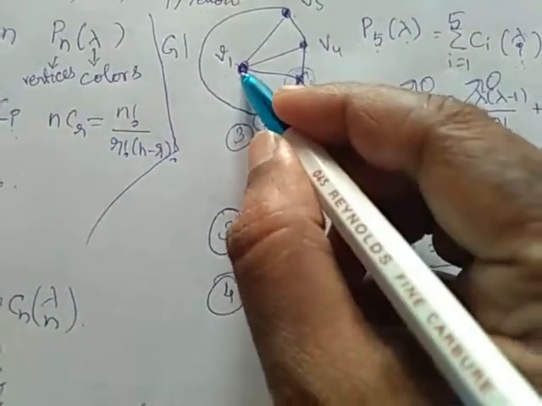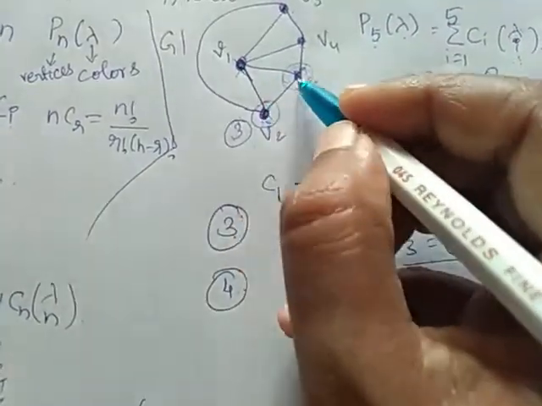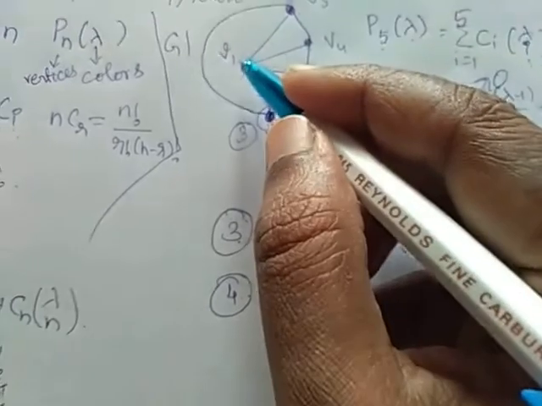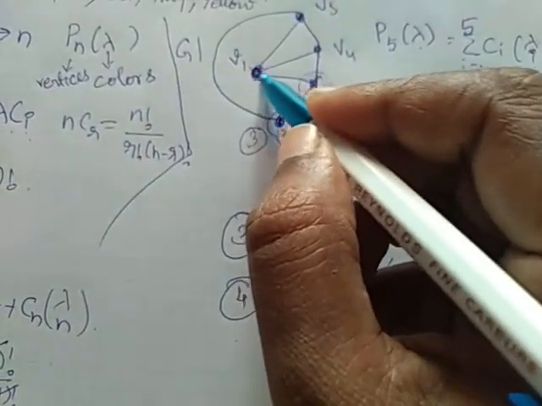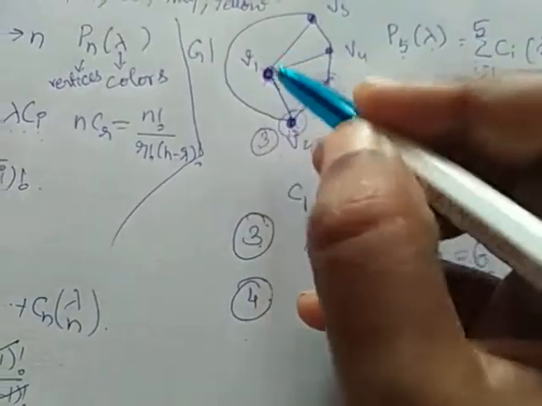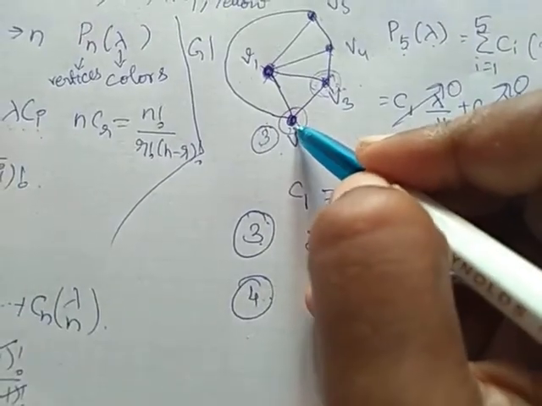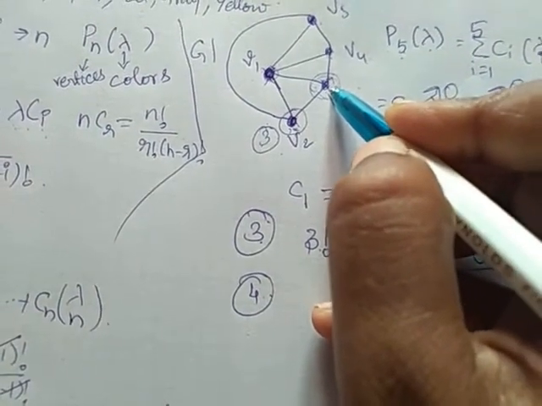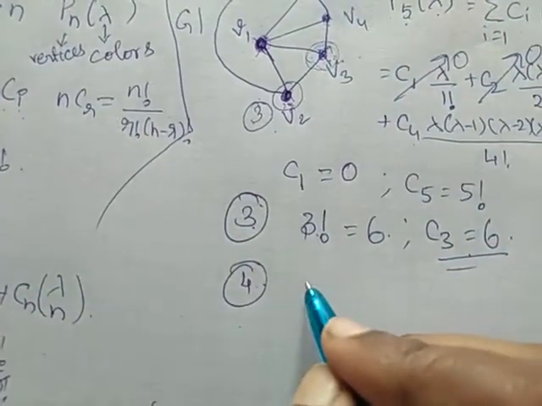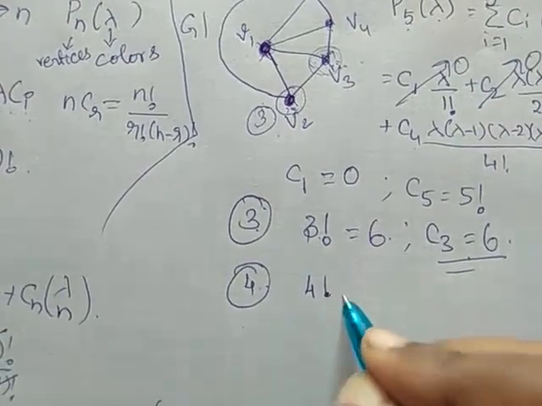So, using 4 colors, we can color the vertices V1, V2, V3. For V1, we are having 4 options. For V2, we are having 3 options. For V3, we are having 2 options. Correct? Therefore, this is 4 factorial.